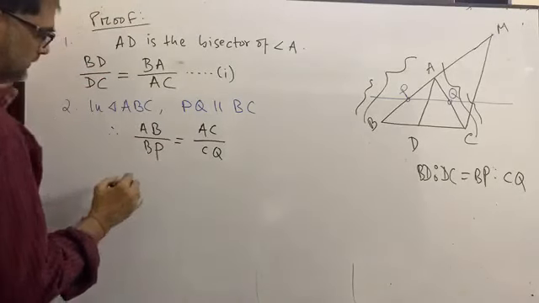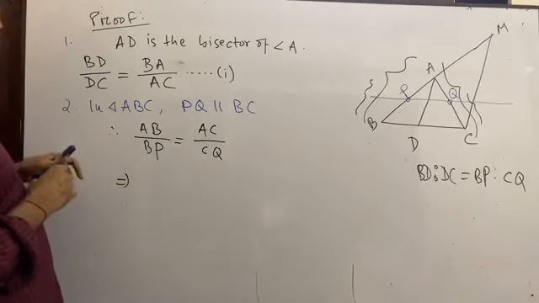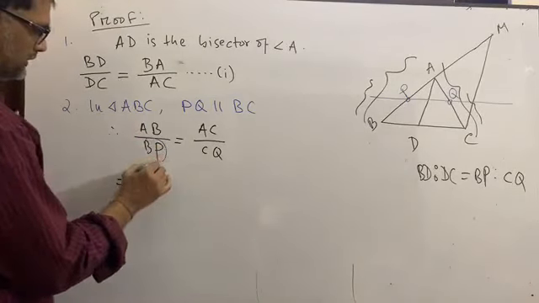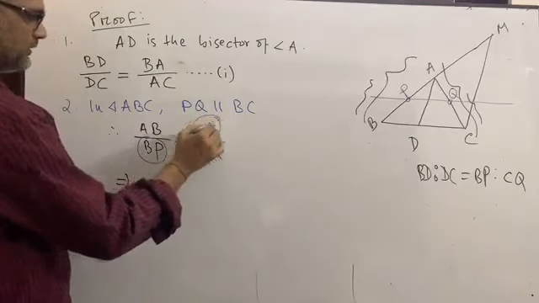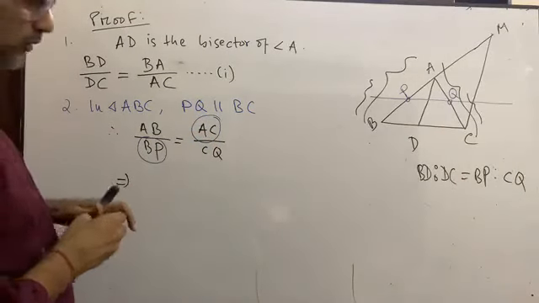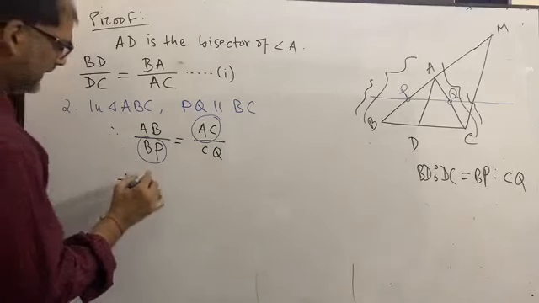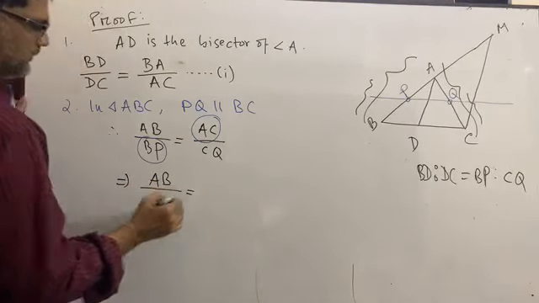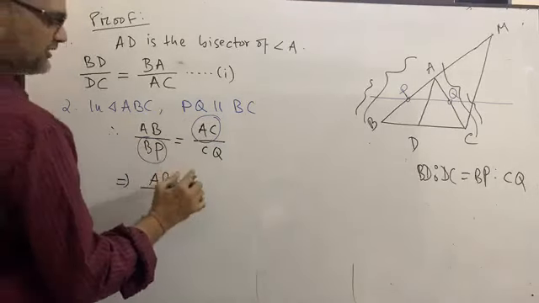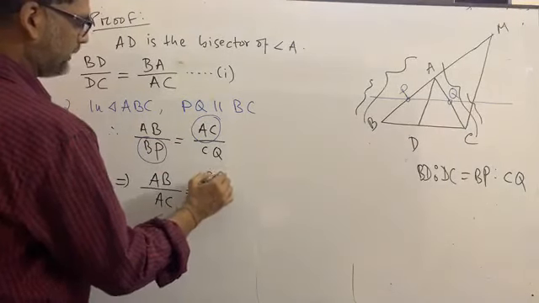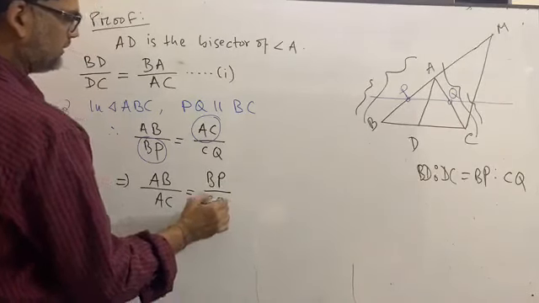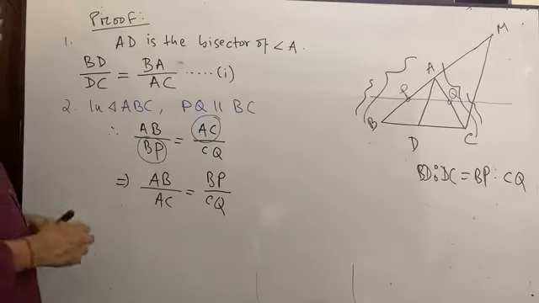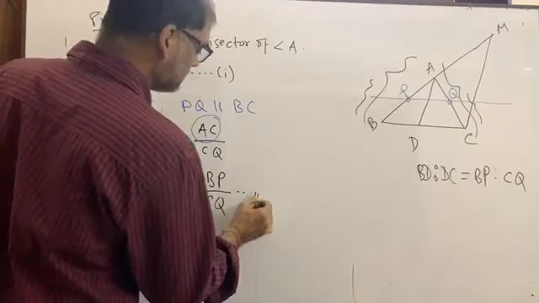By alternendo, this and this can be exchanged. So if you write like this, AB by AC is equal to BP by CQ, can you write? This is equation 2.